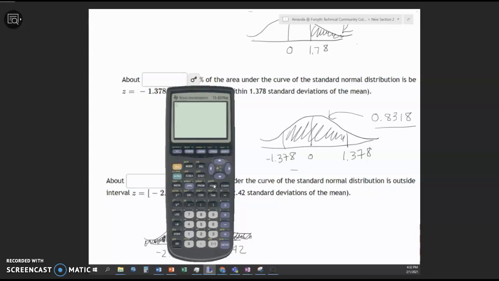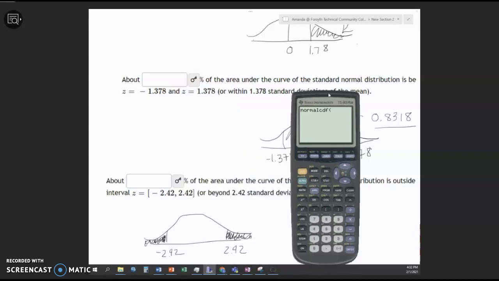We'll say normal CDF. And this time we're looking at negative 2.42, comma, 2.42. And so that gives me the middle region.